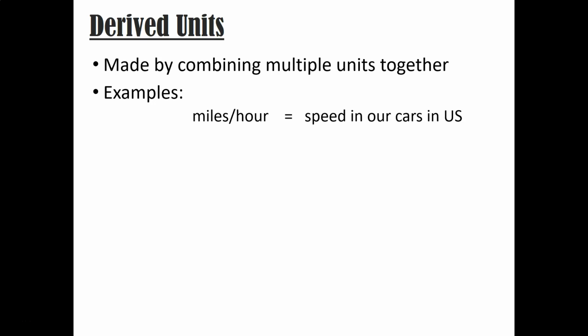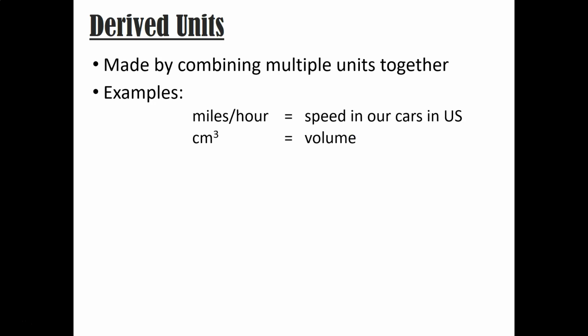Derived units are what we get when we combine multiple units together to make something a little more complicated. So for example, if we're driving in the car, we tell people that we're going to travel in miles per hour. I'm taking a distance and a time and combining them into a new unit that is going to tell me something new, in this case, speed.